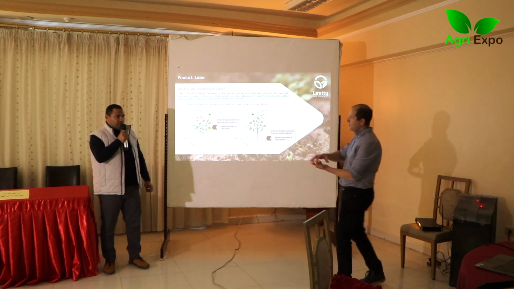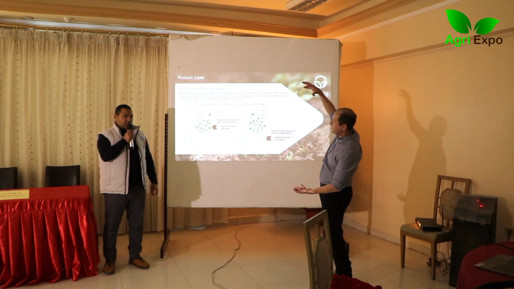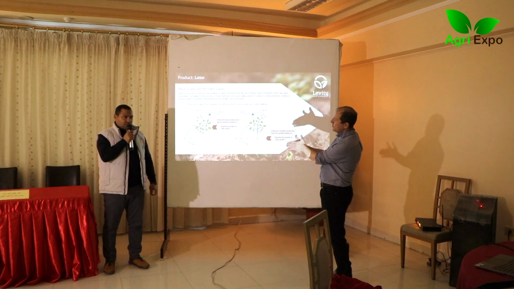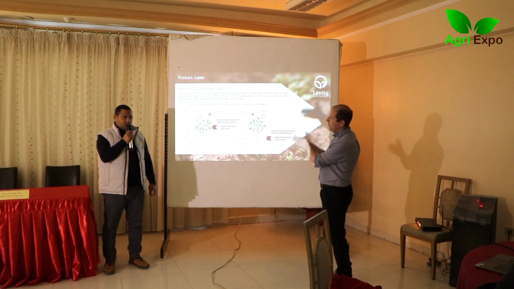So we start to grow the plant, but it stretches the plant because the plant's producing an overabundance of one hormone because it's got an overabundance of one form of nitrogen.